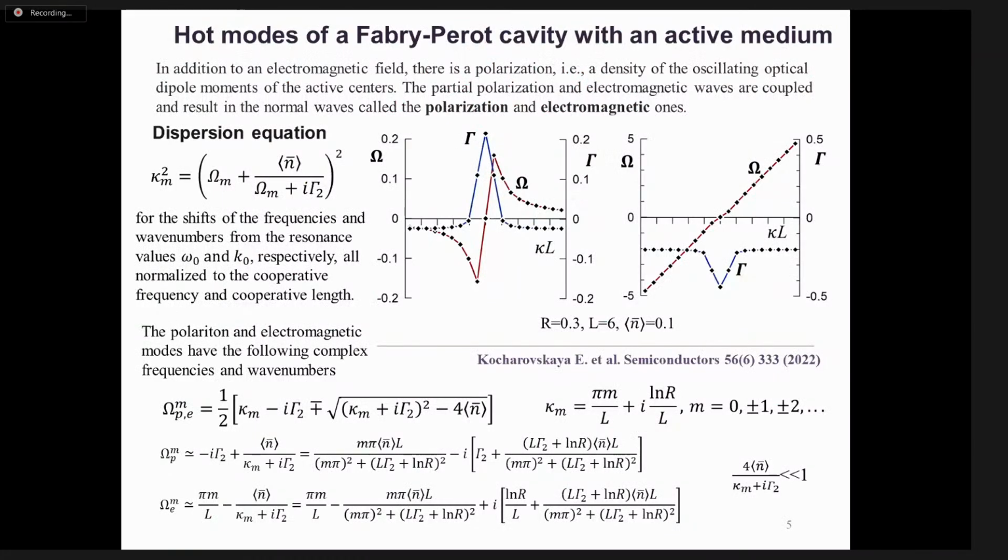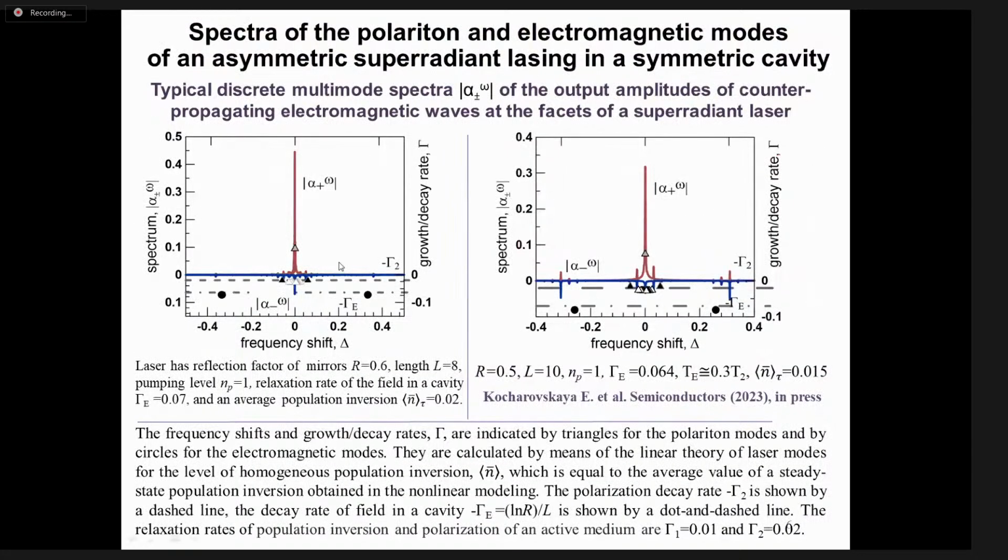And this is what we observe in the numerical simulation. In general, we have a central peak of lasing modes. On the upper side, it shows the radiation coming from one end of the cavity, and below, in blue, is shown the radiation from the other facet of the cavity.